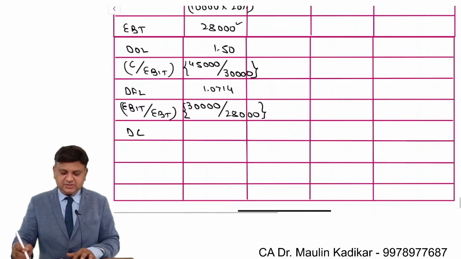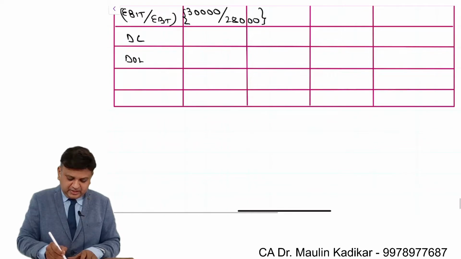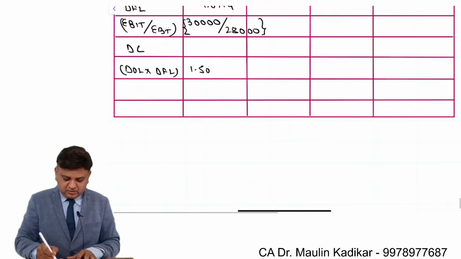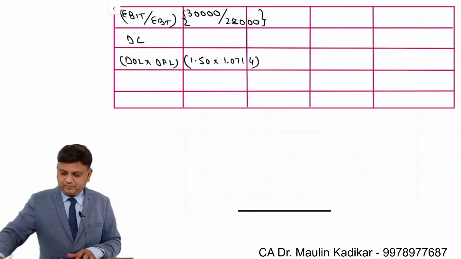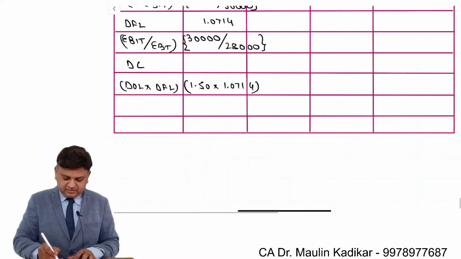Degree of combined leverage is multiplication of both of them, that is DOL into DFL. So 1.50 into 1.0714 is 1.6071.